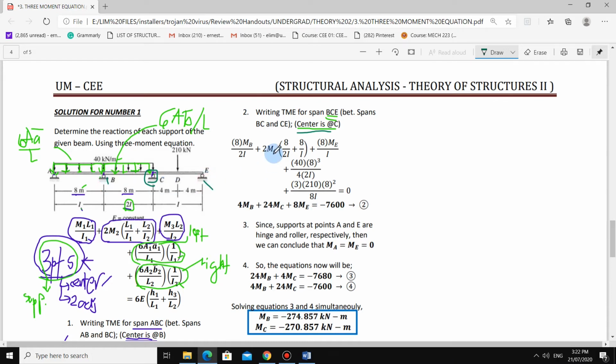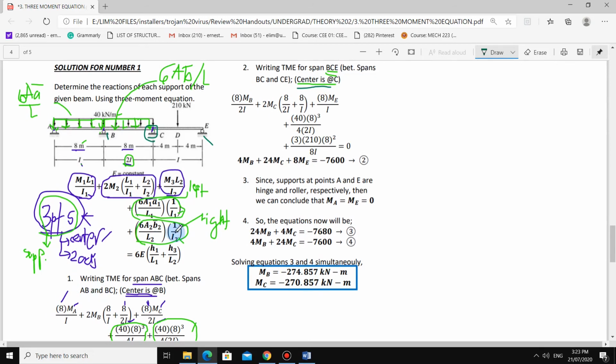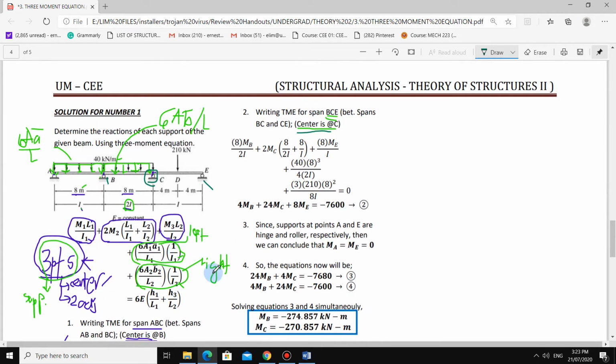Same as what we did in the first procedure, we use the three-moment equation again. The length is 8. Then M1 becomes MB, no longer MA, since the center is C and the adjacent support on the left is B.